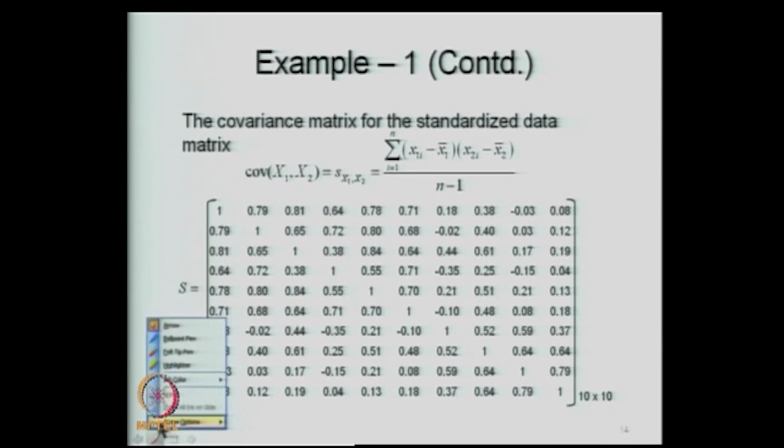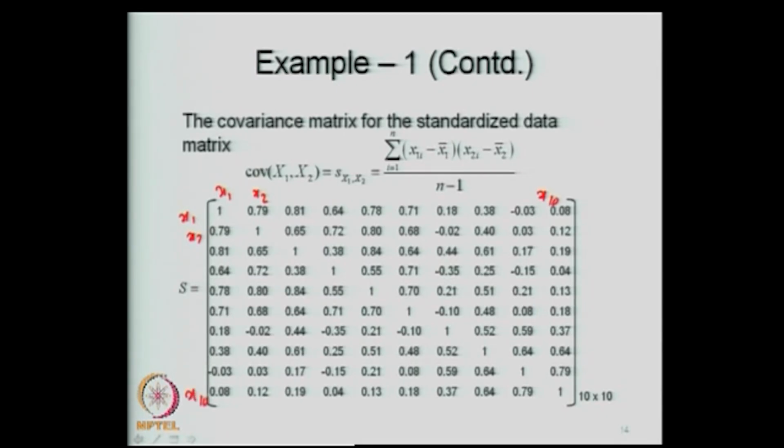Let us say these are the variables, I write them as x 1, x 2 etcetera, up to x 10. Similarly, x 1, x 2 etcetera up to x 10. So, x 1 to x 1 is a covariance, x 1 to x 2 covariance, x 1 to x 3, and this is what we obtain here.